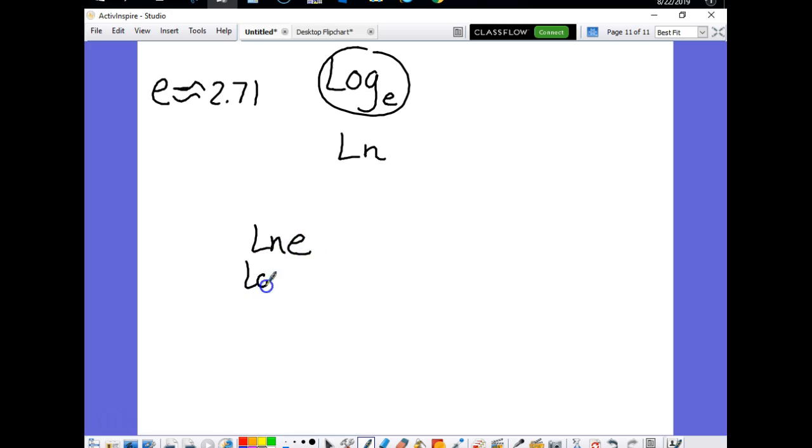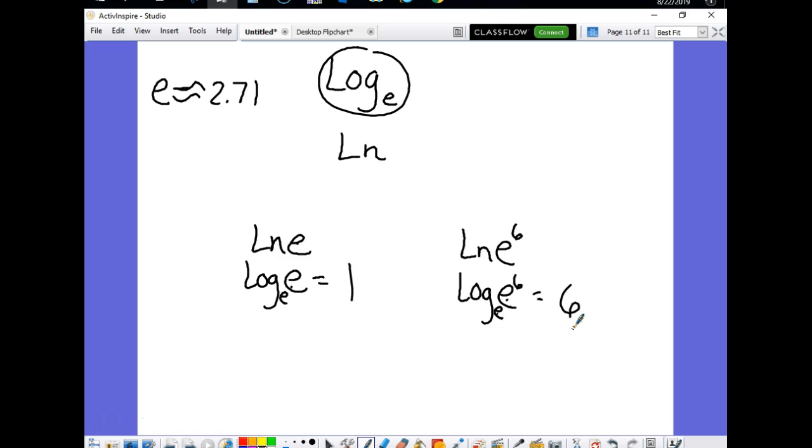Well, ln really just means we have a log with a base of e, and my argument is e. These match, and when those match, the answer is 1. Or how about ln of e to the 6th? Well, ln is just log base e, and my argument is e to the 6th. When these match, the answer is just the exponent, which is 6.